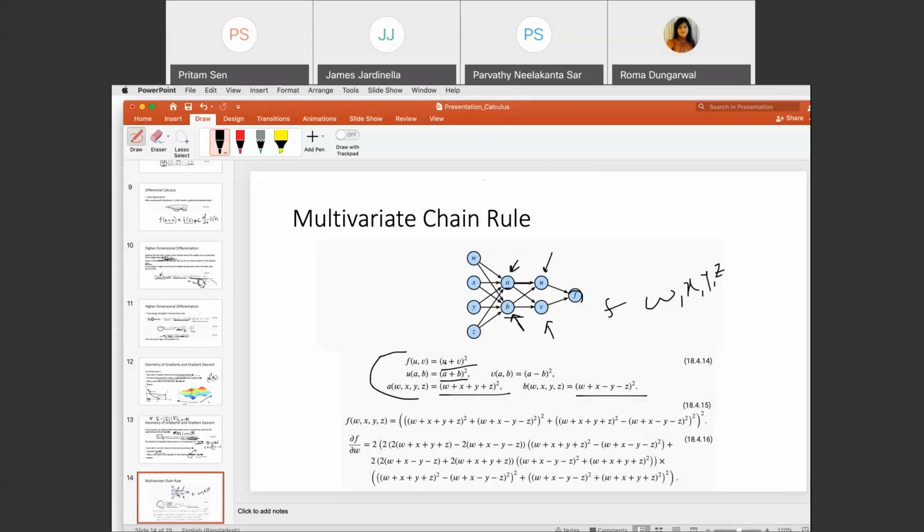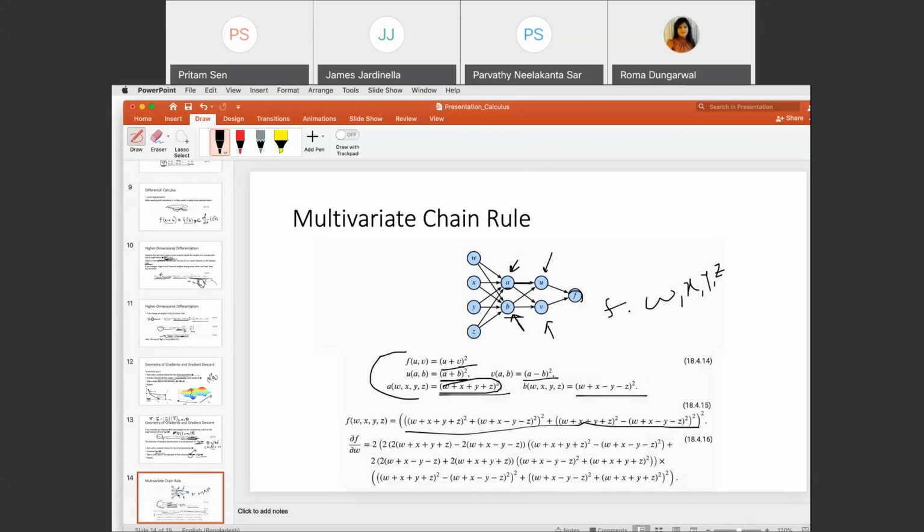So in place of u, a plus b squared, in place of v, a minus b squared. For each a, we replace it with its expression, and for b, we replace it with this. So ultimately the equation will be very large.